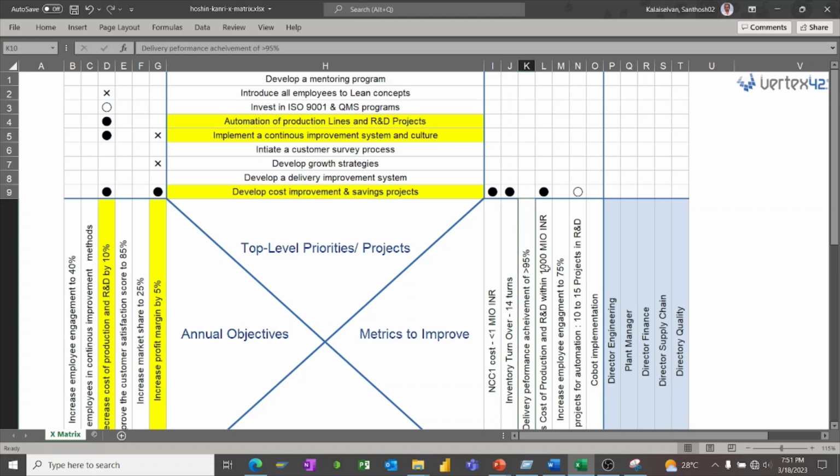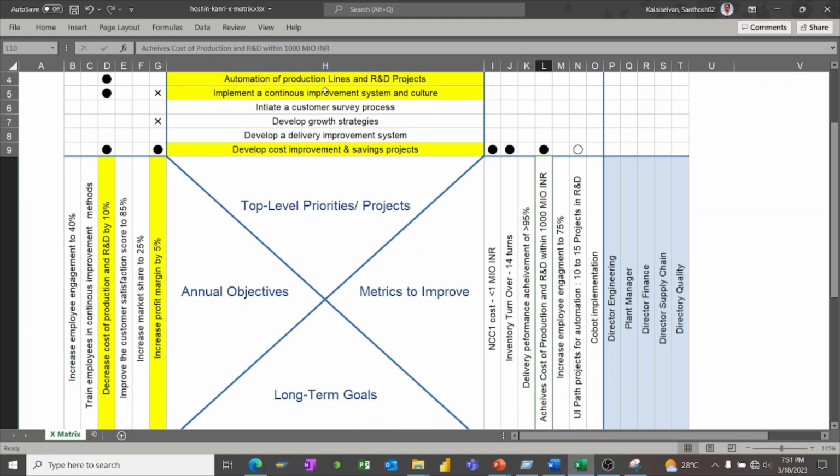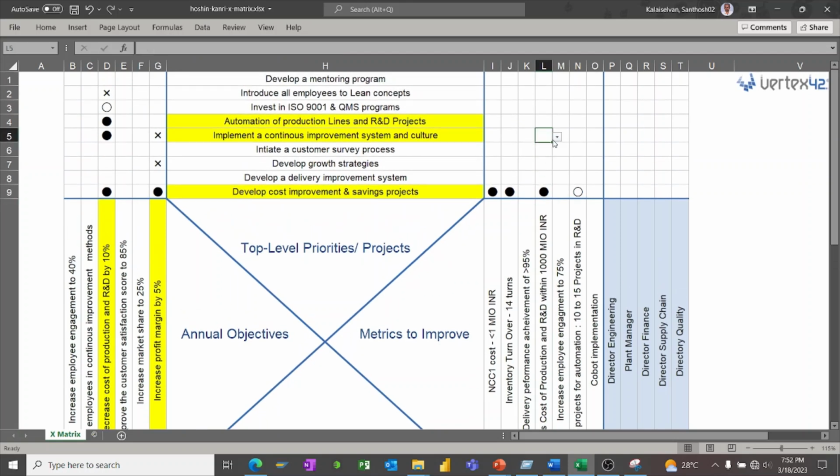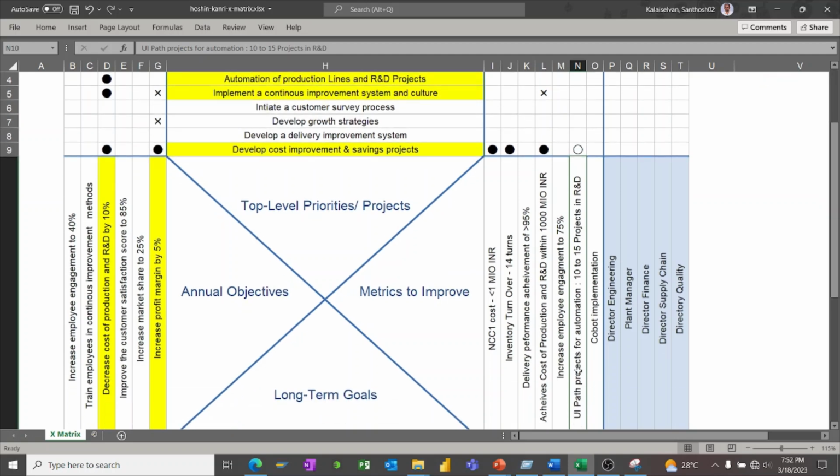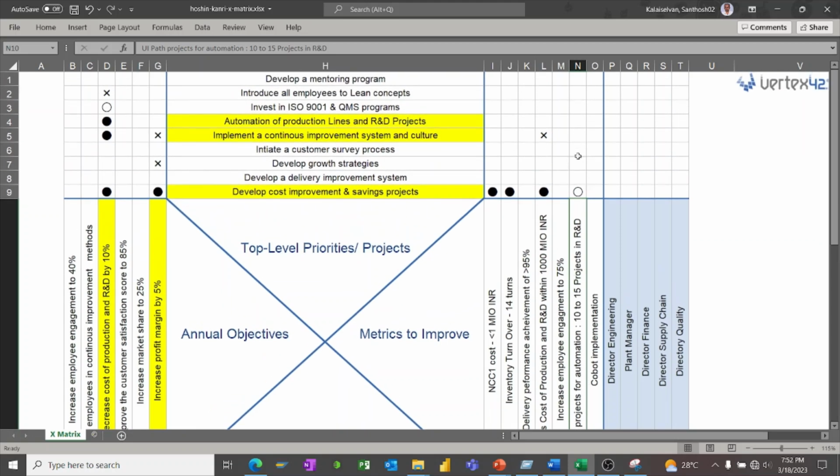Certainly implement a continuous improvement system, it will improve, yes, continuous improvement system can improve the cost, but not primarily correlated. So I'll put this as a tertiary. And continuous improvement is applicable for projects of automation within R&D.